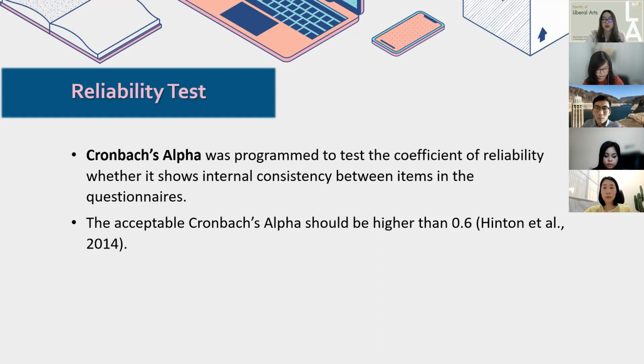Like here, I use Hinton et al. and they say 0.6 should be enough. But some statisticians or academicians say it should be higher than 0.7. So it depends on the theorist. Okay.